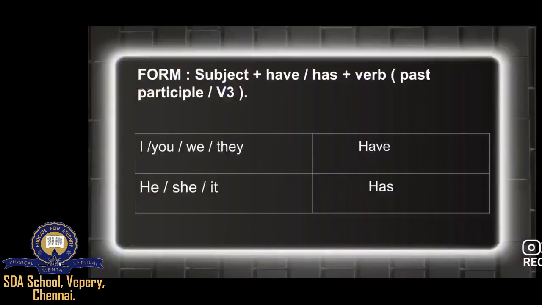We make the present perfect with the subject plus have or has plus verb past participle or V3 form. We say have if the subject is I, you, we or they, and has if the subject is he, she, it.